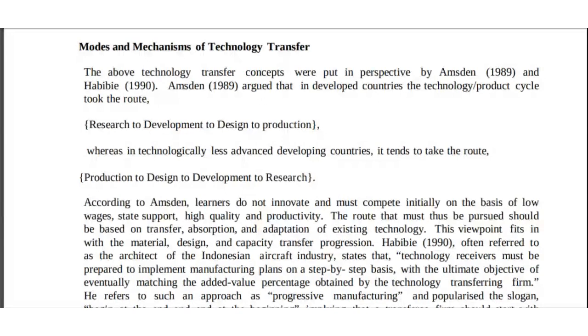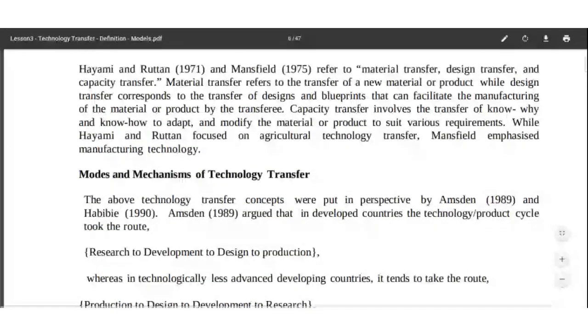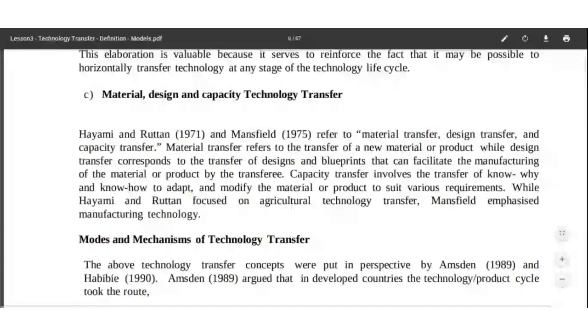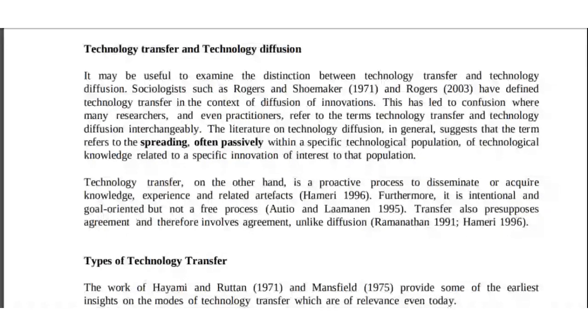But with technology diffusion, it is more of a one-sided thing, mainly in the interest of the transferer, the one who owns the technology, or where the technology is, and moving it to other contexts or other people. So it's more commercial in its approach.